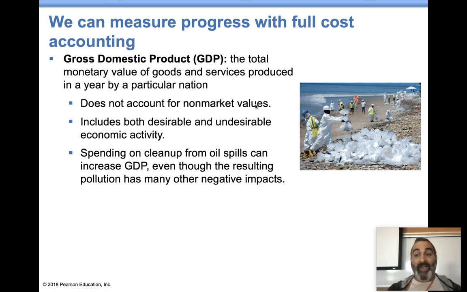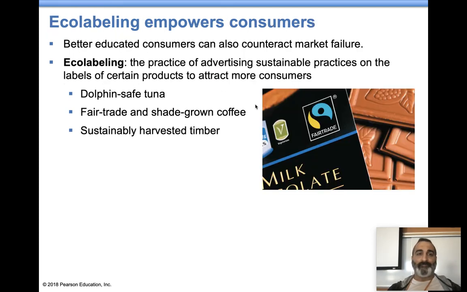So each person in the United States, according to what we produce in goods and services, has about $65,000 in value, so to speak, per year. Now, that's not fair because not everybody makes that much money. Some people make much less, some much more, so it doesn't account for that. But on average, that's about $65,000 per person in goods and services. That's the GDP, and it usually measures how wealthy a country is.